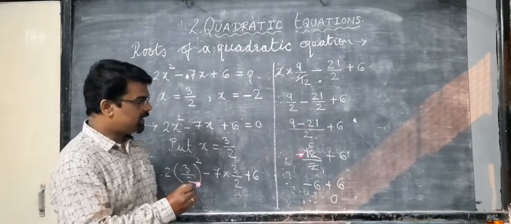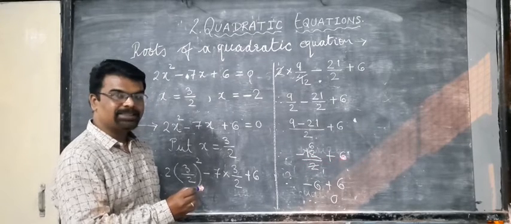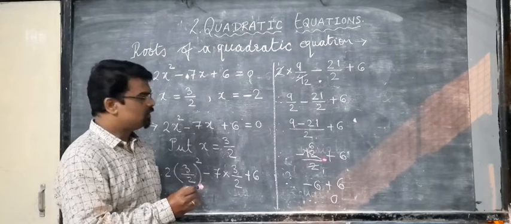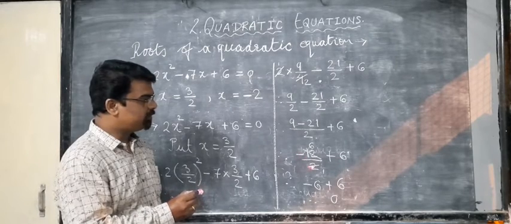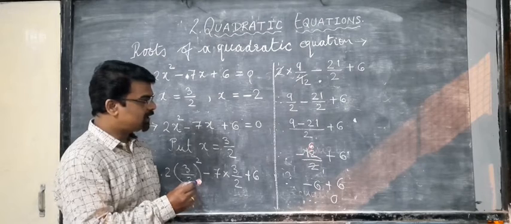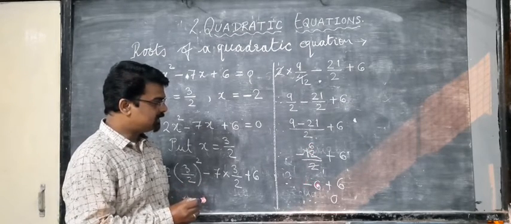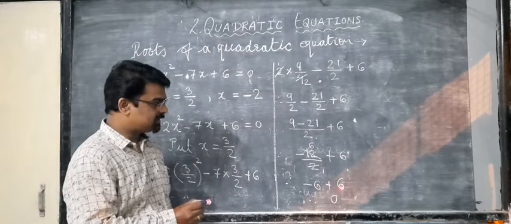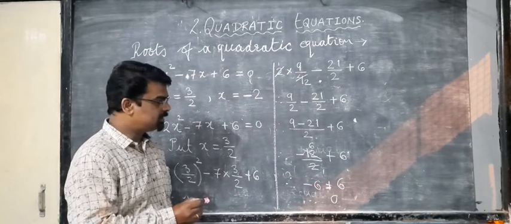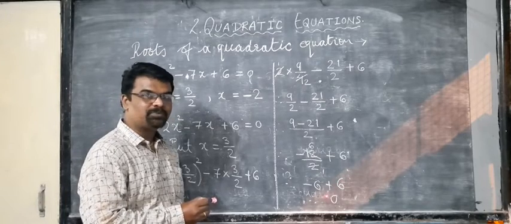So it will be minus 12 upon 2 plus 6, which is minus 6 plus 6. Now minus 6 plus 6 is equal to 0.